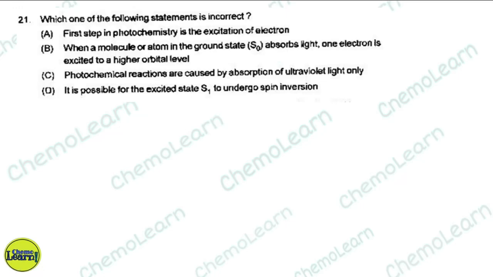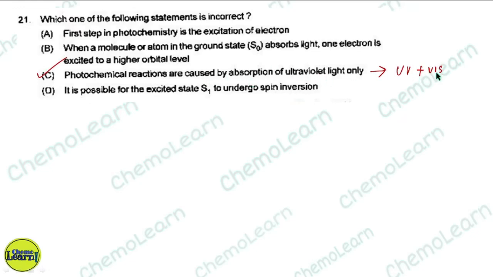Photochemical reactions are caused by absorption of ultraviolet light only. No, because photochemical reactions can be caused by UV plus visible light. This is incorrect. And it is possible for the excited state S1 to undergo spin inversion. Obviously, it is correct. So, option C will be the right one because photochemical reactions can be caused by UV and visible light.